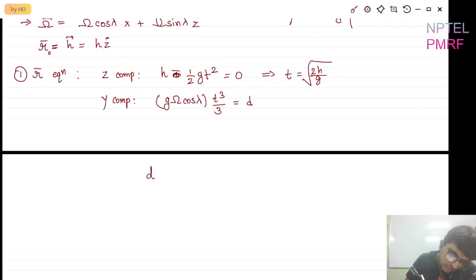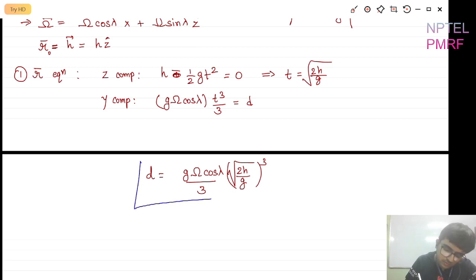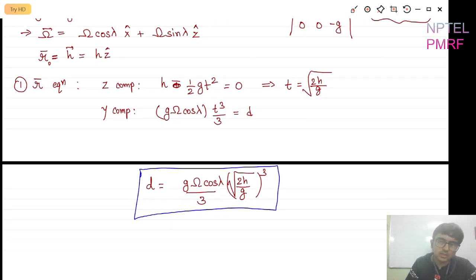So the deviation would be given by g omega cos lambda times square root of 2h by g cubed, and there is a factor of 3. Okay, so we got our answer. It is this much.